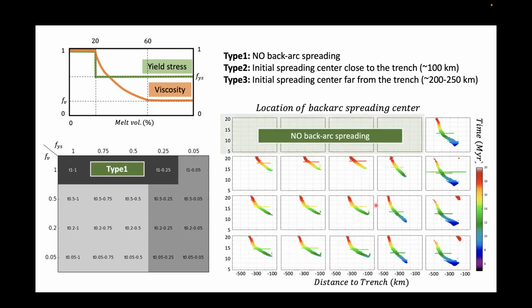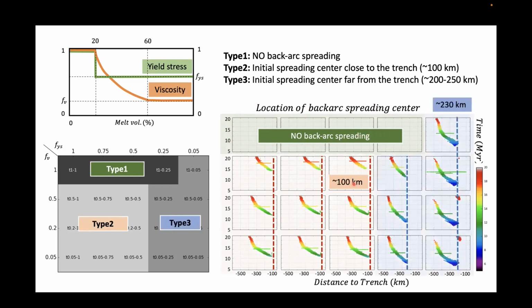And so we got the first, without enough weakening, we generate no Vega spreading. And with a small amount of general weakening, the Vega spreading occurred right at the arc. So it started at 100 kilometers. And with a much higher weakening, then we can generate the Vega spreading further away from the trench, at 200 kilometers.